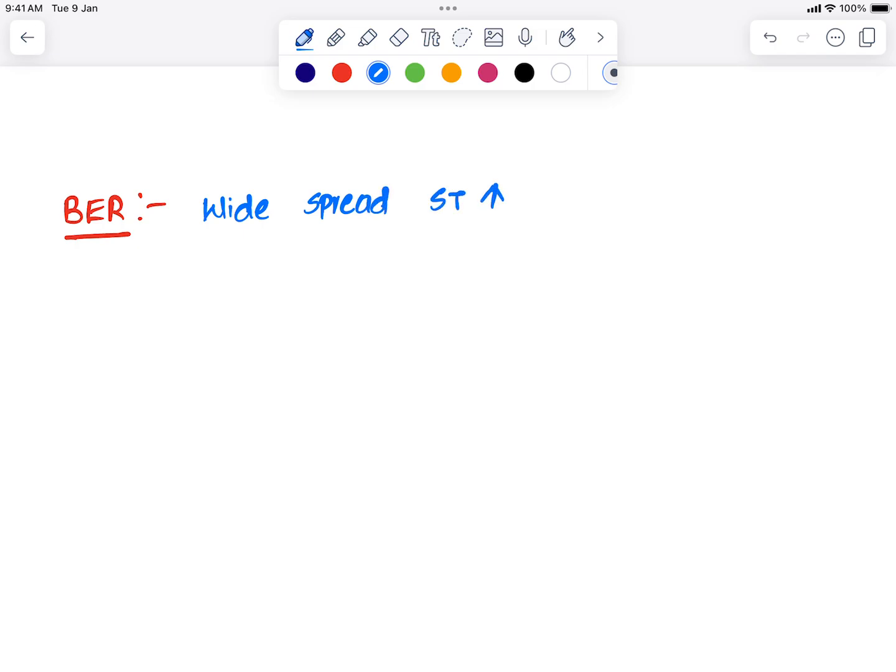And where do you have this widespread ST segment elevation? Mainly in the precordial leads. And what will those precordial leads be? These precordial leads will be V2, V3, V4. You have the ST segment elevation in benign early repolarization.